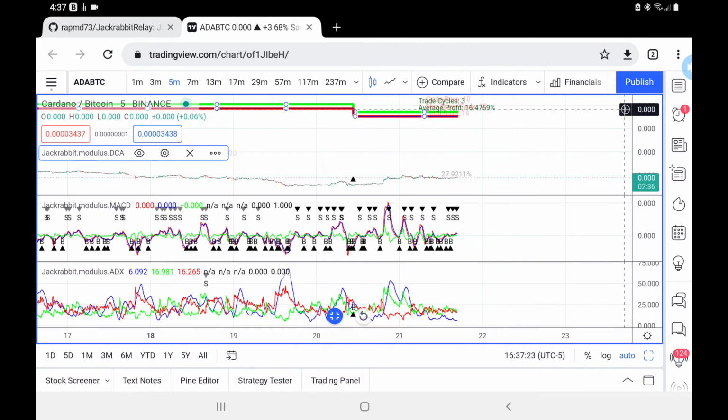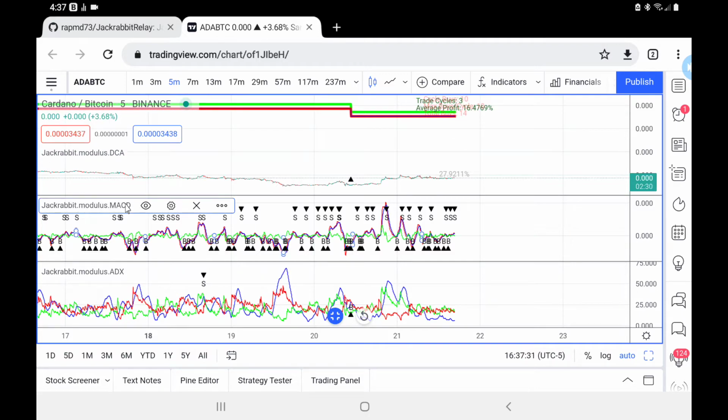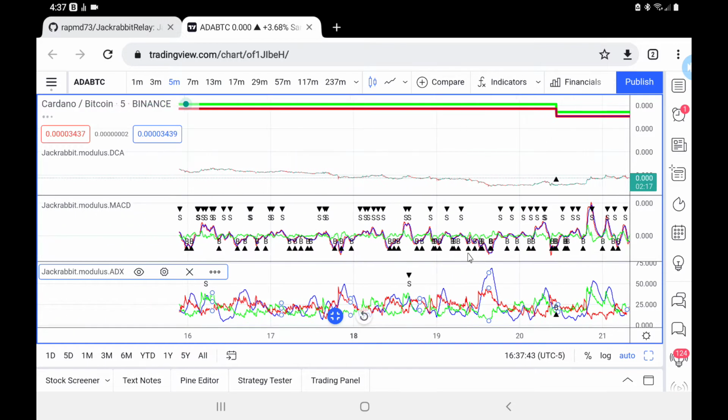Now let's look at the reason. I'm using moving averages, convergence, divergence, MACD, and I'm using ADX. So convergence and divergence and trend. A pretty good combination.